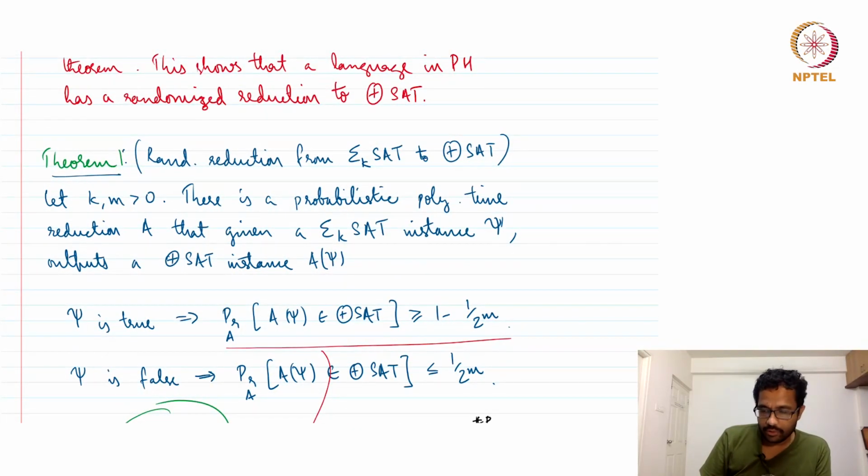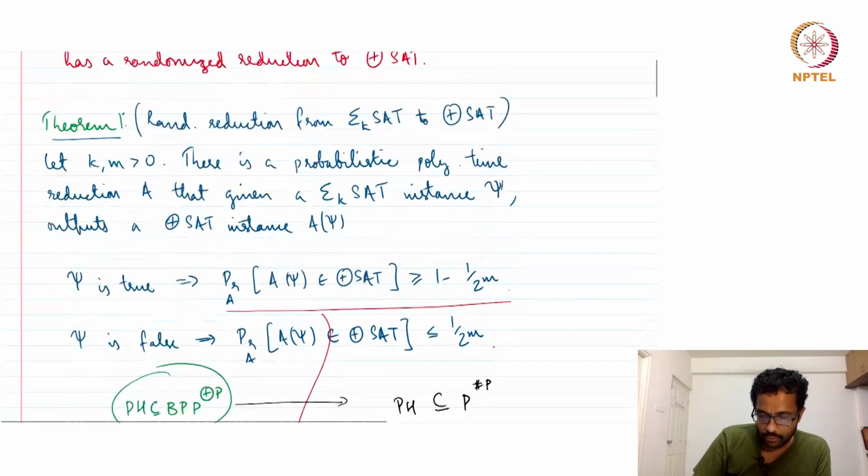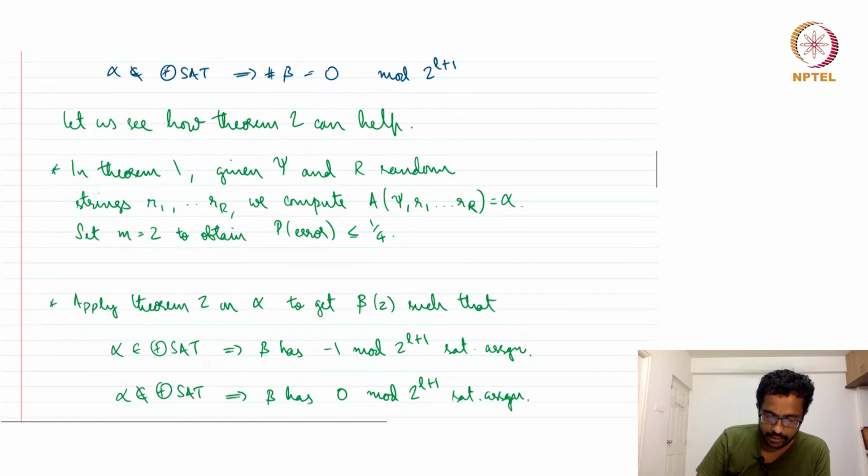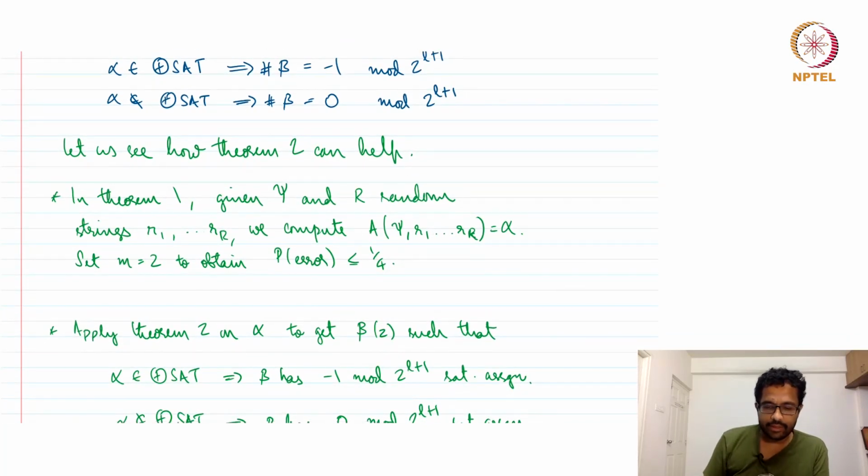So let us set m to be equal to 2. So the probability that A agrees with psi is 3/4, and the probability of error is 1/4. And R is the number of random strings used in this reduction.